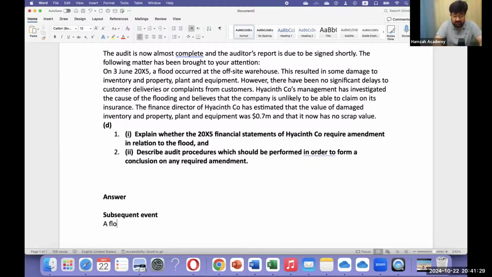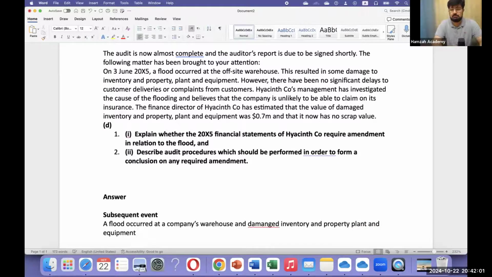So, a flood occurred at a company's warehouse and damaged inventory and property, plant, and equipment worth 0.7 million value.